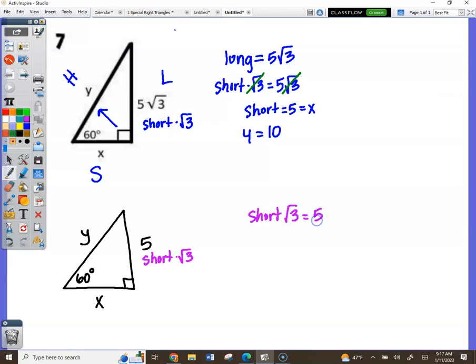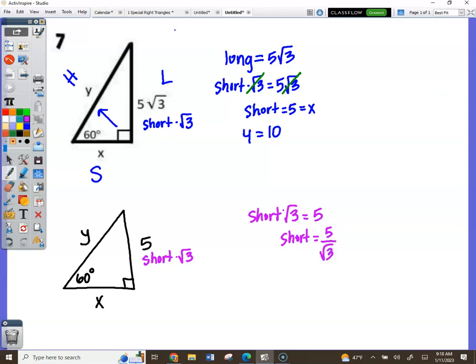And I'm going to set it equal to what I know. See, now the root 3's don't cancel. This is when it's not as pretty. You still go about it the same technique we did in that one where I had to open up a new tab. We're going to divide by root 3, so the short side is going to be 5 over root 3.